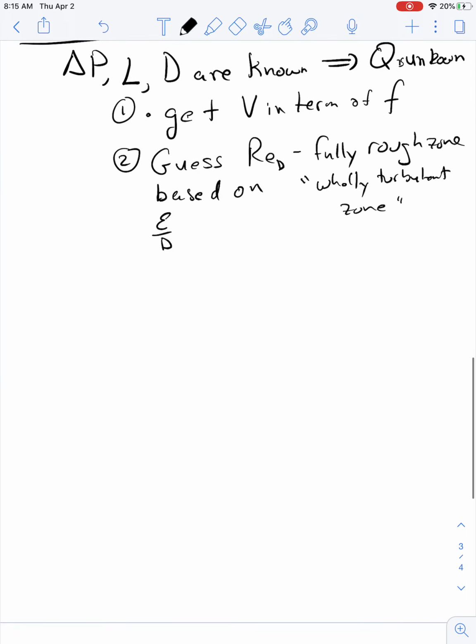Then once we have that guessed friction factor, we can plug the friction factor into our velocity equation, the one from step one.